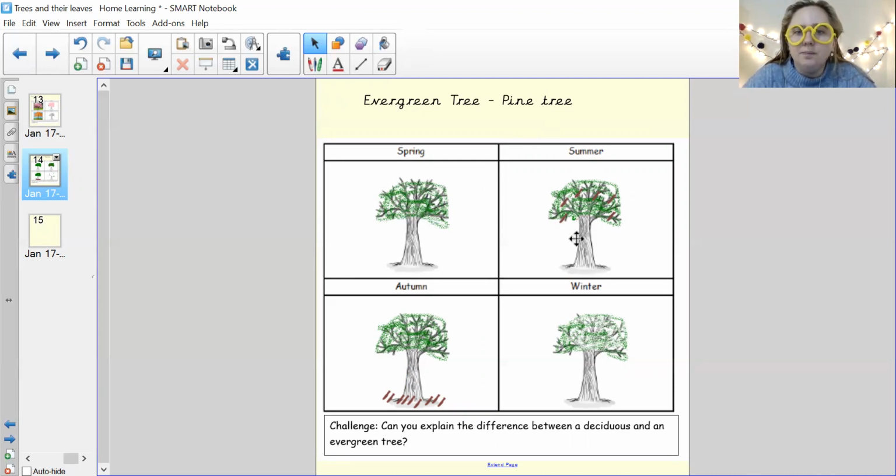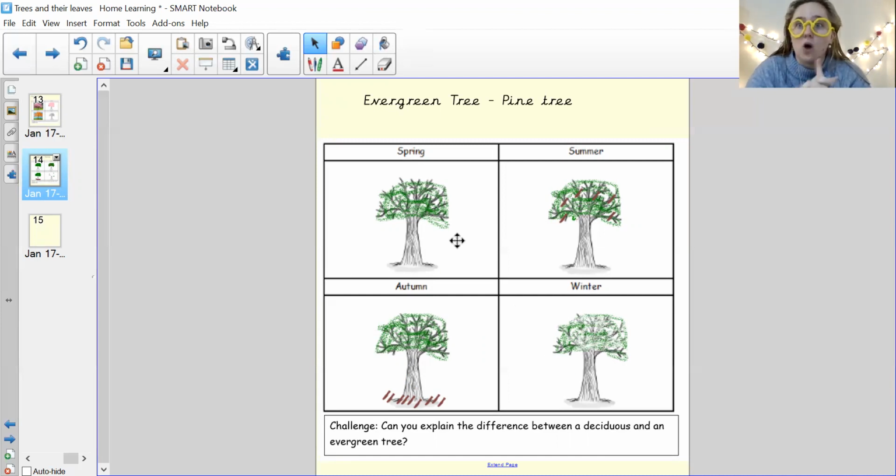Then in the summer the pine cones are all over the tree like that. In the autumn the tree is still green, but all the pine cones have fallen off. And in the winter, the leaves are still green, but there's a little bit of snow. And I've put a little bit of snow on there because it's snowing today. So exciting. So that is my example of an evergreen tree.